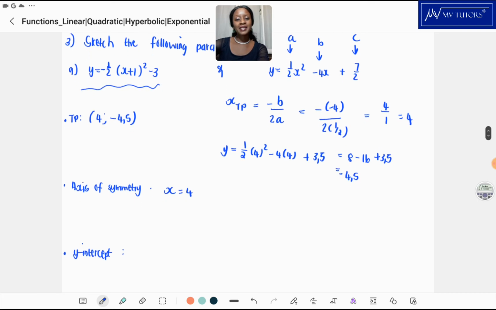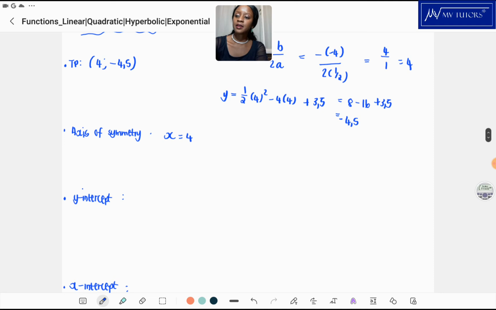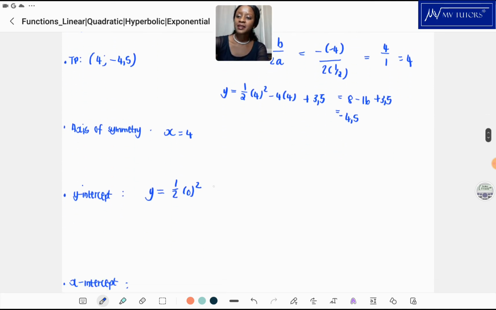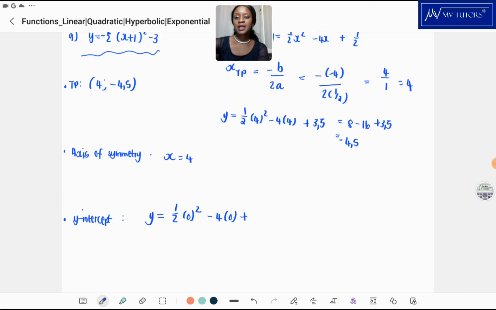Alright, then we go and calculate the y-intercept. Okay, so y-intercept, that's basically where x is equal to 0. So you can see from the equation that the y-intercept is 3.5. But if you can't see that, remember the equation is y is equal to a half x squared, but we're going to substitute 0 where x is. And then we have minus 4x. Okay, is it plus or minus?